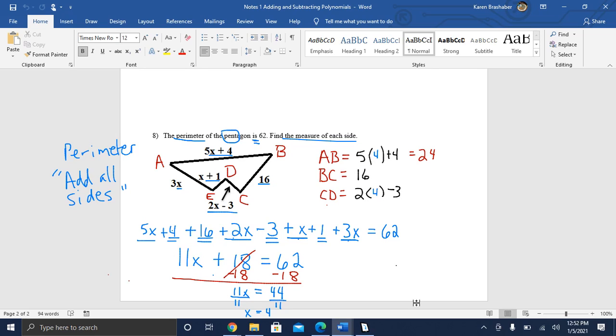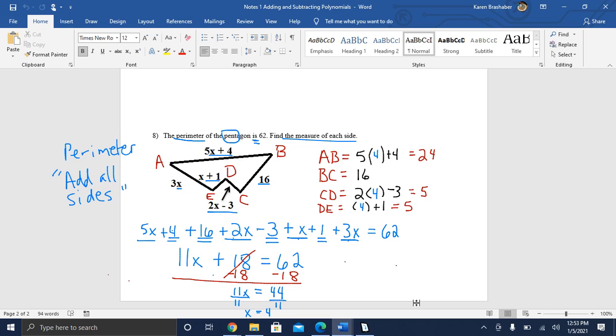X was equal to 4. So 2 times 4 is 8, and 8 minus 3 is 5. Then we have side DE, and side DE was x plus 1. So our x and then plus 1. Our x turned out to be 4. So 4 plus 1, that side also is equal to 5.